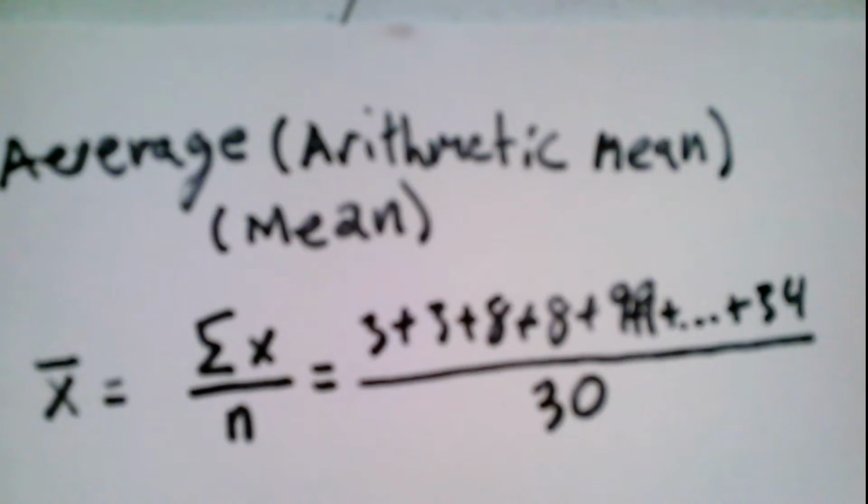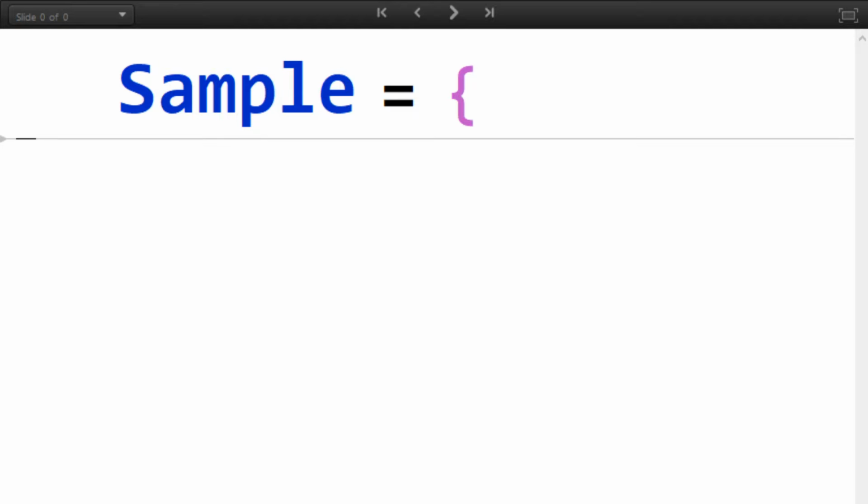than we can handle by hand. So, here we go. So, I have my sample set is going to equal, maybe I should go sample, and we will type in our numbers.